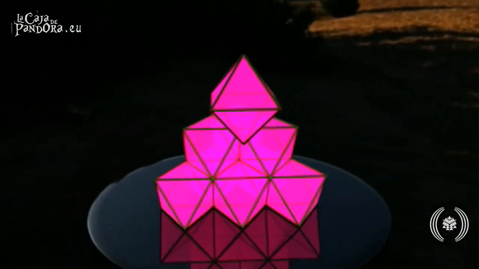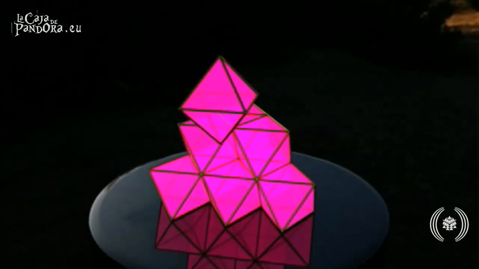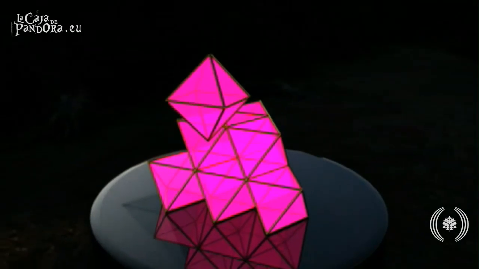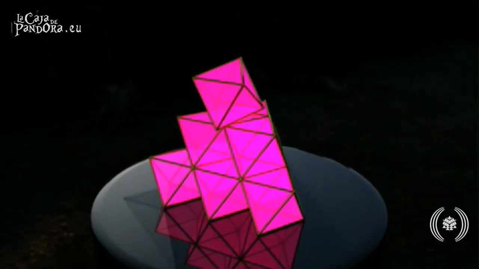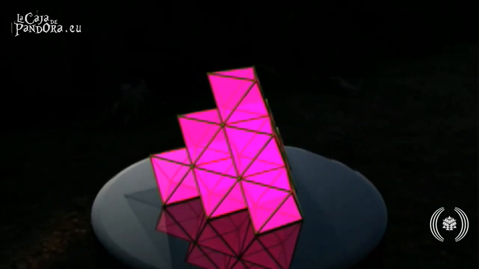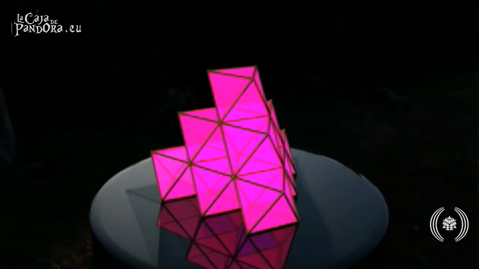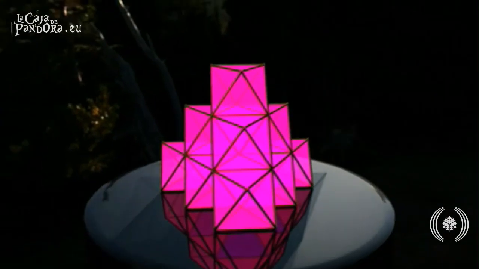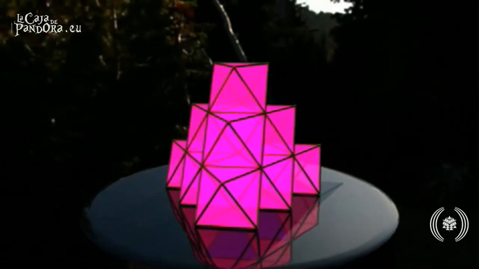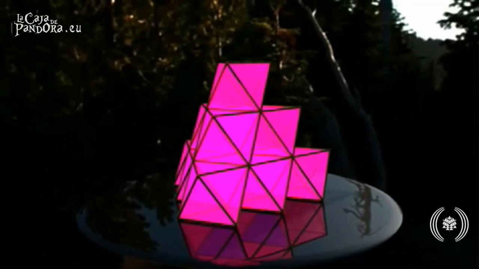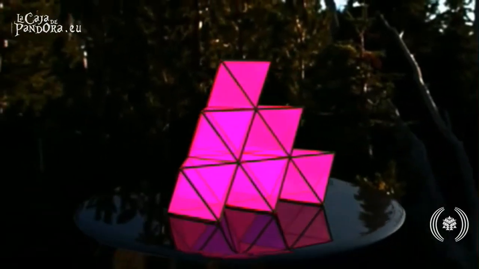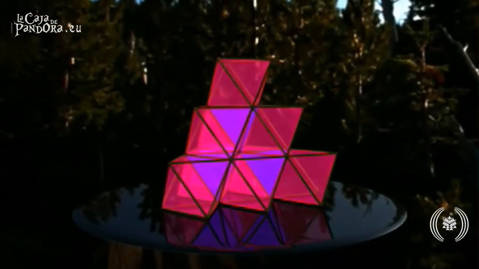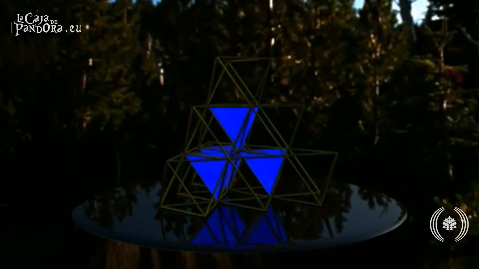When I looked at all the octahedrons in the middle, let's take a look. Let's make it go a little faster. There you go. In the middle of the octahedron, there was another set of tetrahedrons.